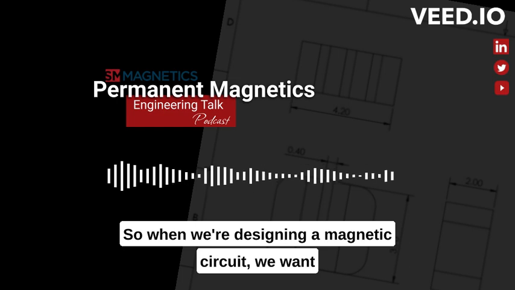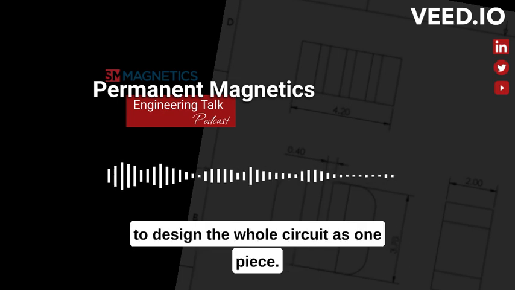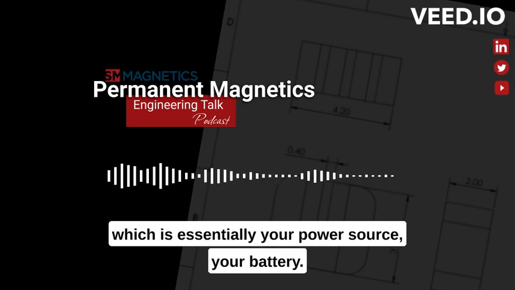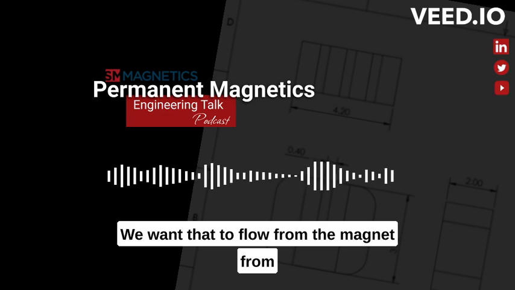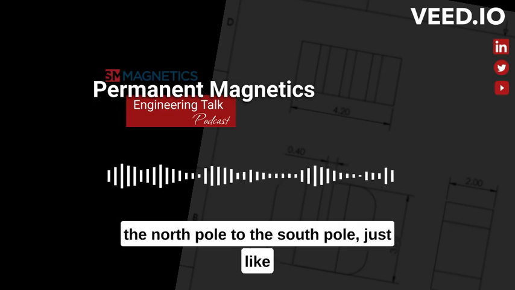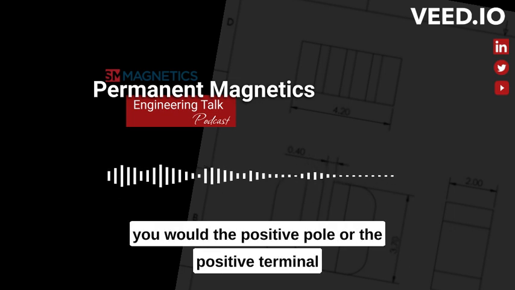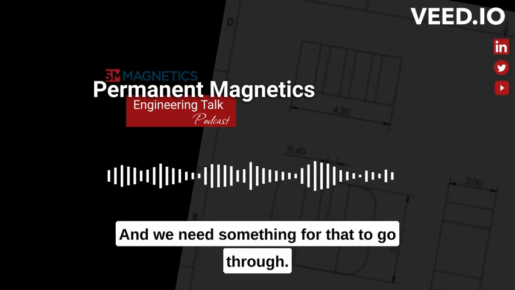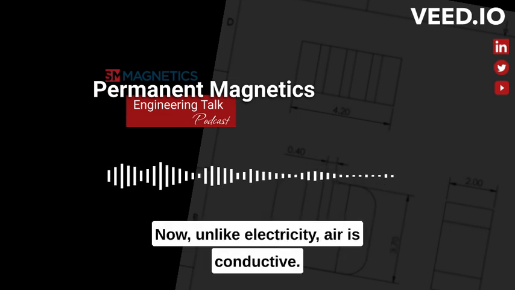So when we're designing a magnetic circuit, we want to design the whole circuit as one piece. We want that flux to flow from the magnet, which is essentially your power source, your battery, from the north pole to the south pole, just like you would from the positive terminal to the negative terminal of a battery. And we need something for that to go through. Now, unlike electricity, air is conductive.